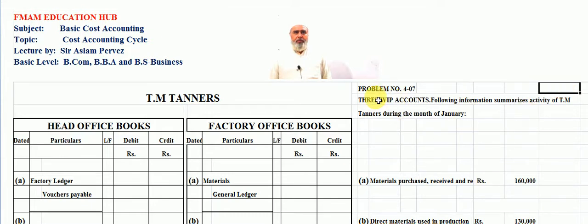Problem number 4.7.3, working process accounts. The following information summarizes the activity of TM Tanners during the month of January.